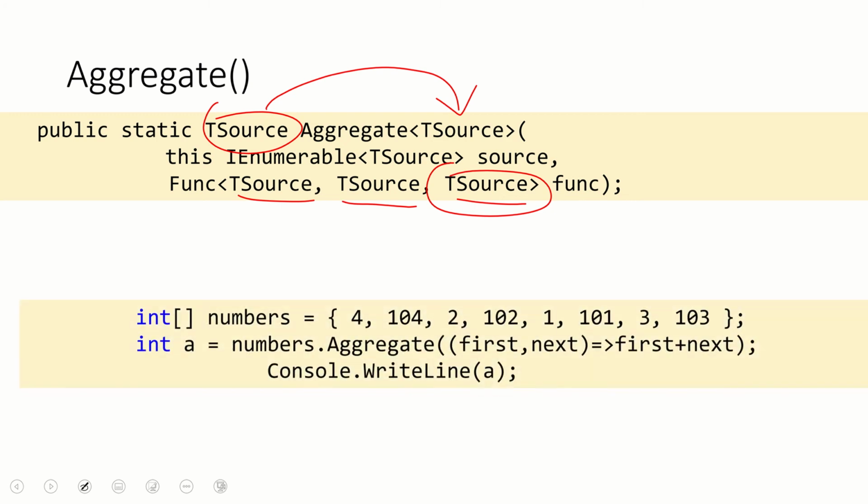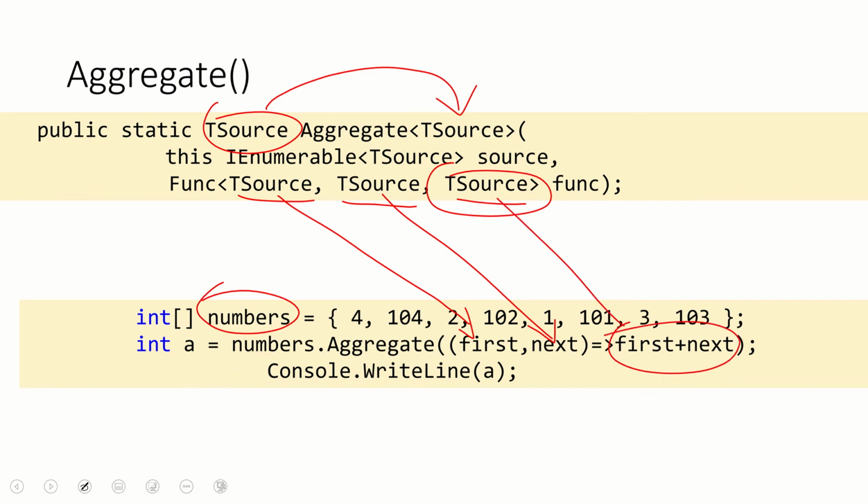Okay, let's say this one. What does this one tell us to do? This one we're using the same array and the same data. Here you have first, you have second, and it returns the same data type. So what is this one trying to do?